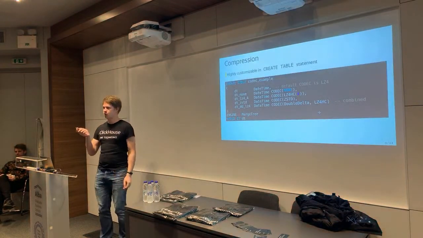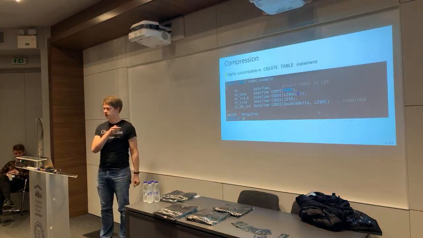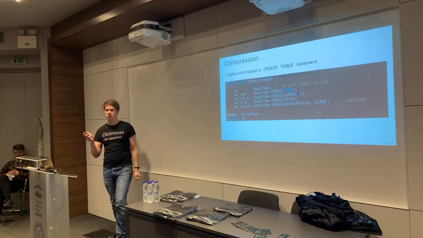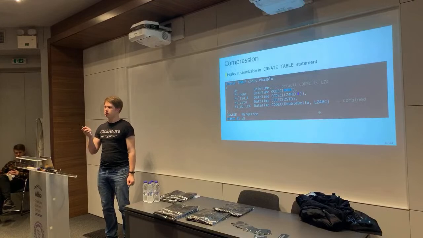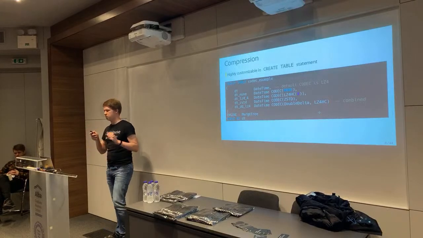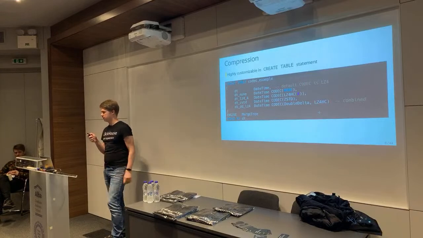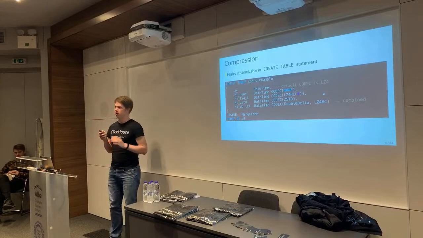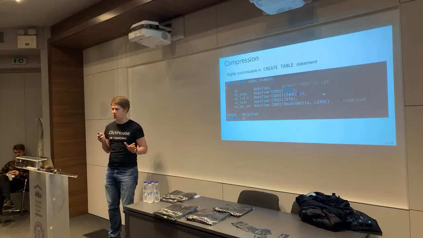It works for MergeTree, and you can see in the example on the slide that I have created a very simple table with the name codec example, and it stores a column with DateTime. But this column stores the same data with different compression methods. The first one is the default, LZ4. The next one is a column without compression, just raw data.